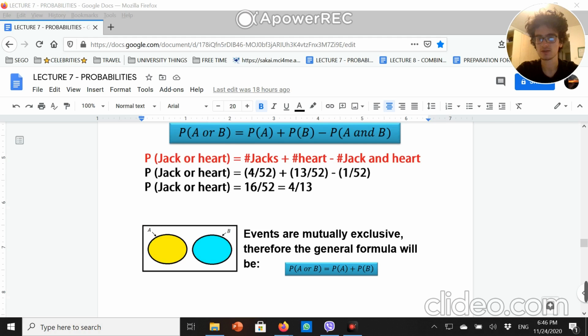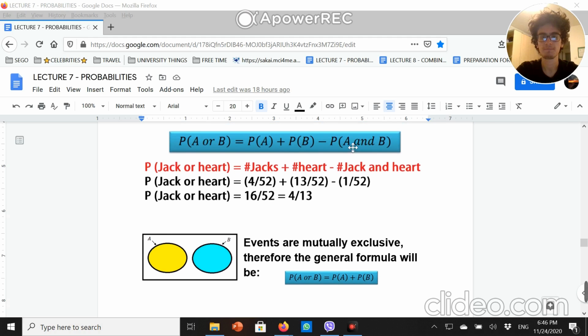In that case, we just ignore this part and write the number of jacks plus the number of hearts. We would get the correct answer for mutually exclusive events, of course, not for this example.